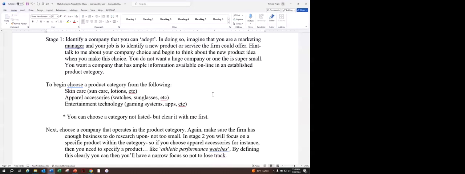Okay, so it's not the big, huge company like Apple, for instance. Apple's a big company, but you might only be doing an app for an Apple phone or something like that.